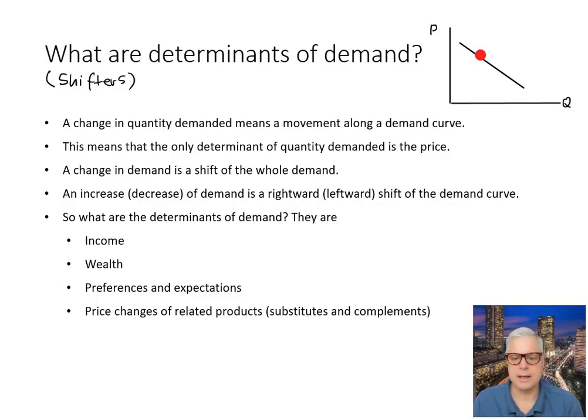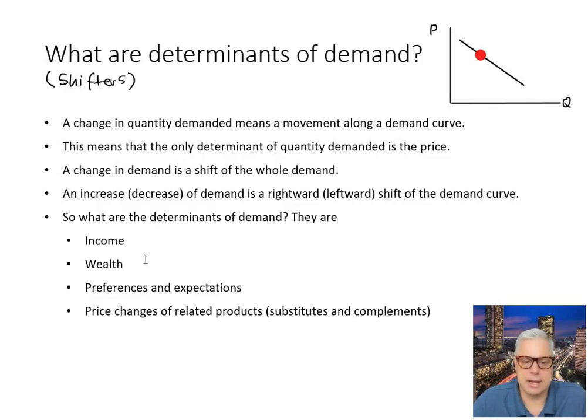So now, whenever the demand curve shifts to the right like this, that is what we call an increase in demand, and when it shifts to the left, that would be a decrease in demand. So what are the determinants of demand?